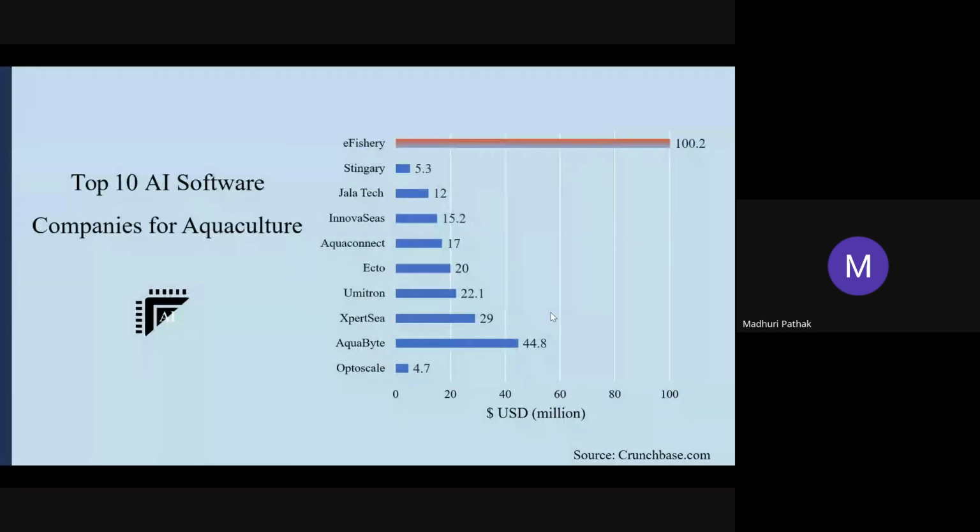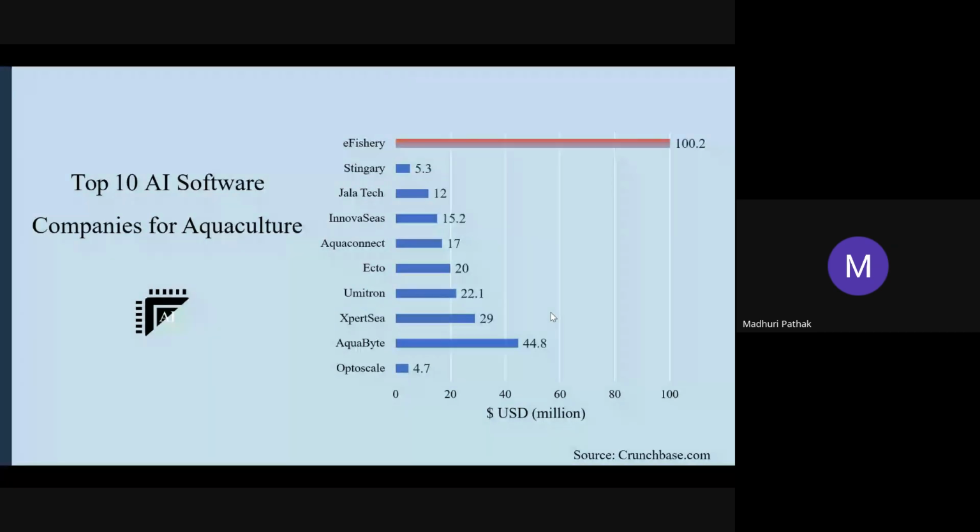These are the top 10 AI software companies for aquaculture: eFishery, Stingray, Jala Technologies, Innovasea, Aquaconnect, Ecto, Umitron, Aquabyte, and Optoscale.